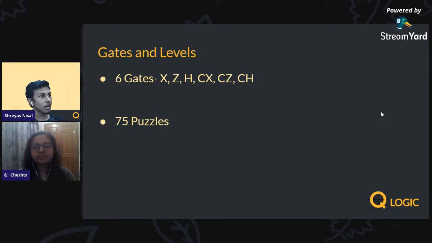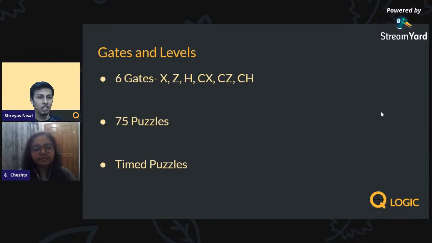Most of these levels are actually based on moves. So just like we saw earlier, you got 1 star for doing a puzzle in 3 gates, whereas you got 3 stars for doing it in a single gate. Similarly, these puzzles would normally be based on moves, but we've also added some timed puzzles.